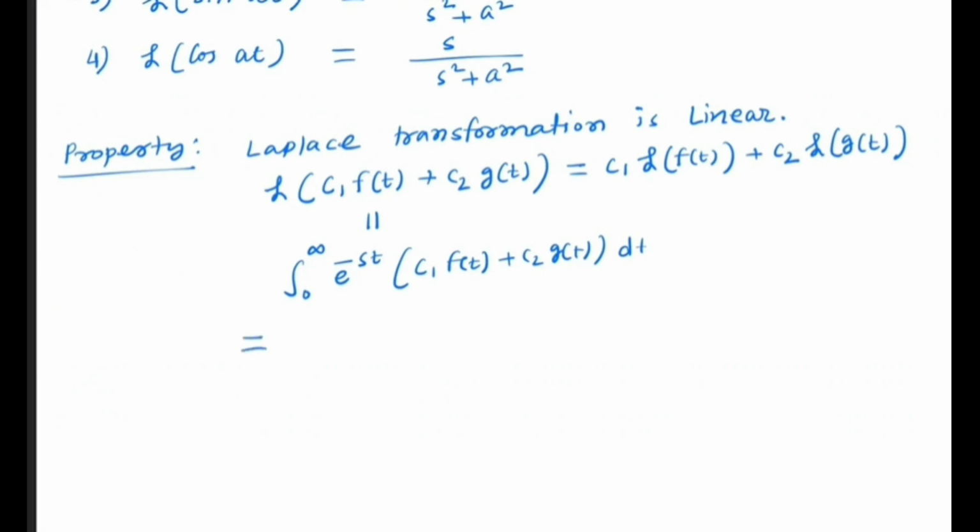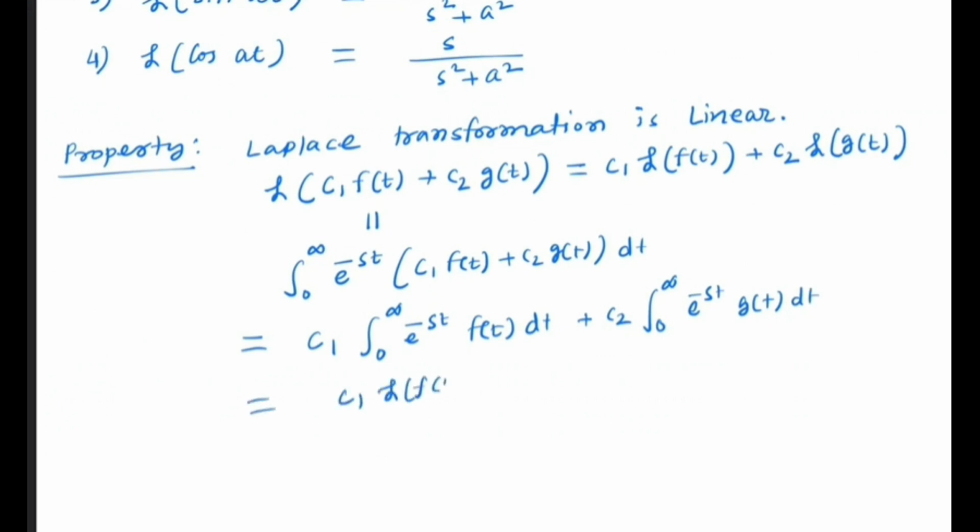Now we know that this integration is linear, so we can write it as C1 times the integral from 0 to infinity of e power minus st f(t) dt plus C2 times the integral from 0 to infinity of e power minus st g(t) dt. So this is nothing but C1 L of f(t) plus C2 L of g(t). So Laplace transformation is linear.